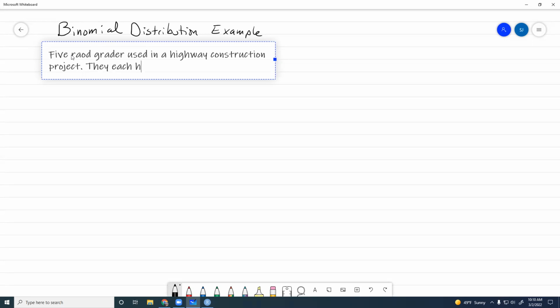They each have an operational life of T. We'll say, is that hours? That's hours. That follows a log normal distribution.